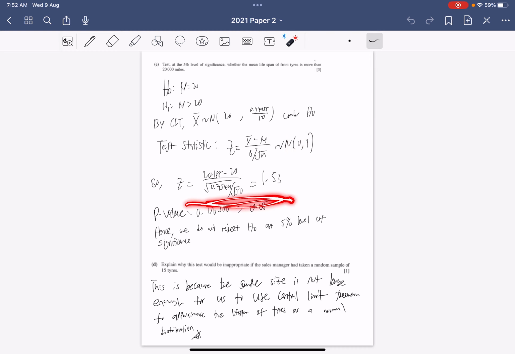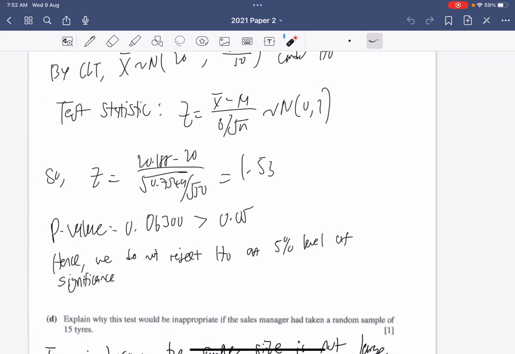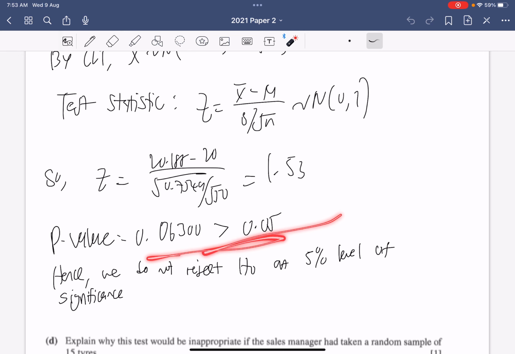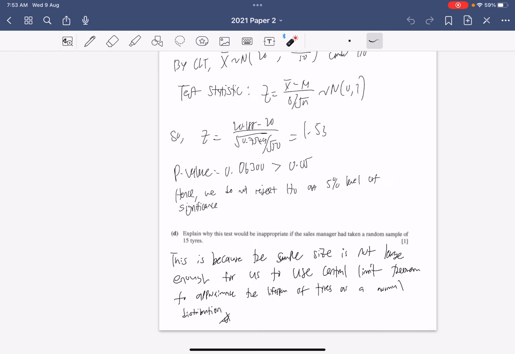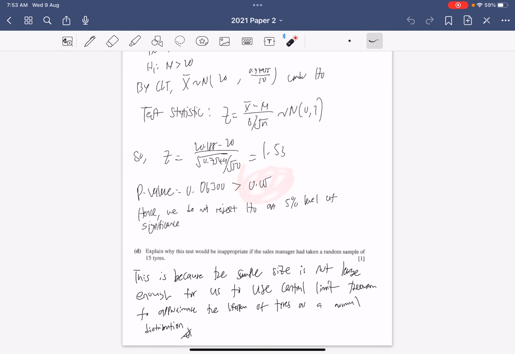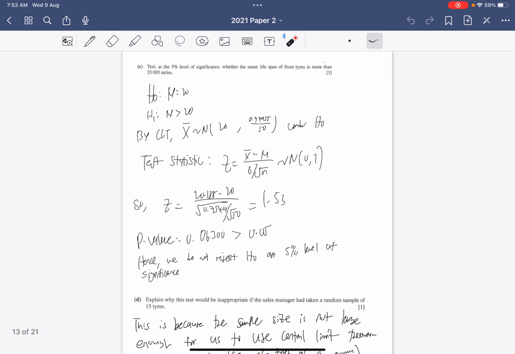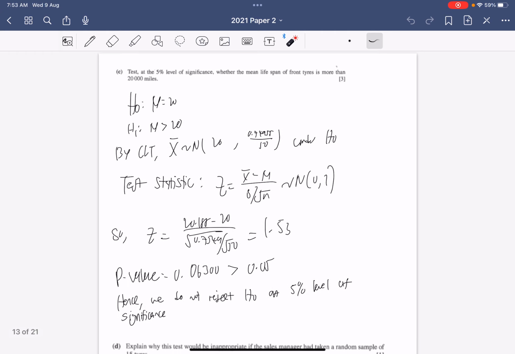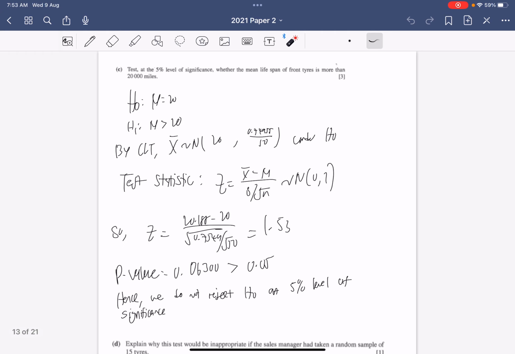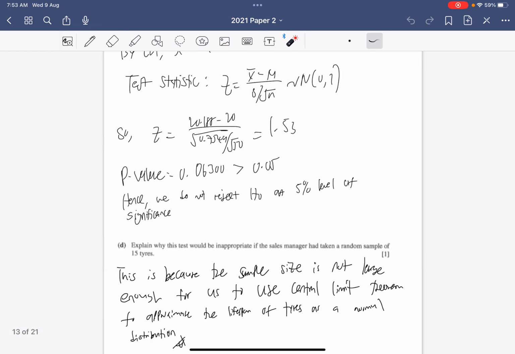Then you calculate the test statistic, but actually you can straight away find the p-value using the data, and with the p-value you see that we do not reject H0 at 5% significance level because the p-value is greater than 0.05. I hope doing the test is easy for you, and with more practice you should be able to understand it.